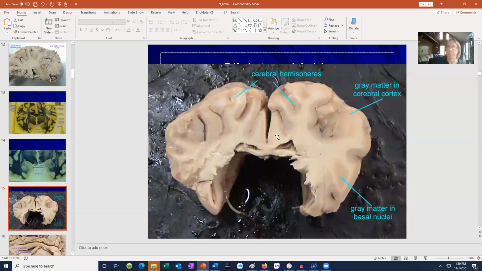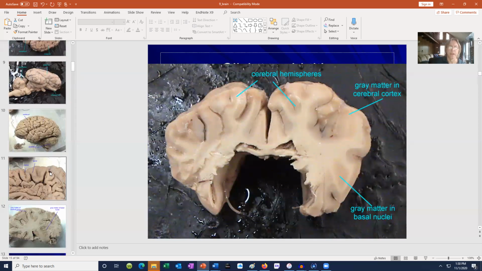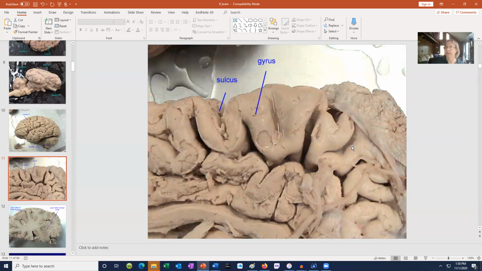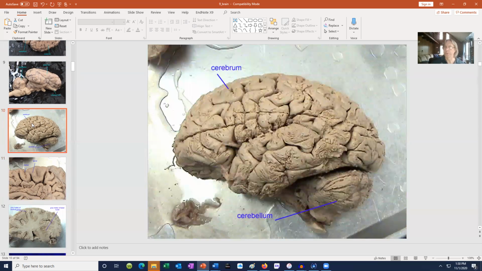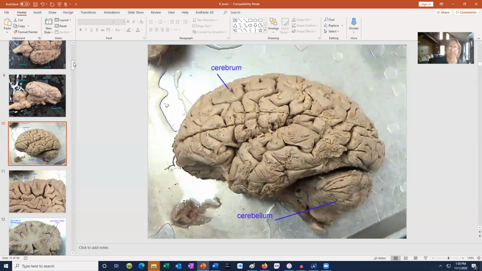Again, the same thing would be true of sheep. Here you can see the white matter there and the duller grayer color in the cerebral cortex. So this is why the cerebral cortex has these folds. It increases the surface area, which allows so many more neuronal soma to exist, which will then allow for so much more processing.